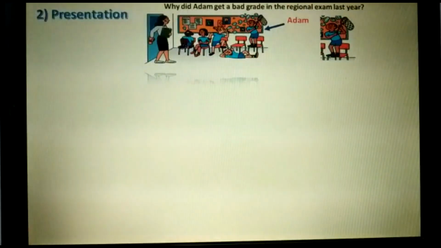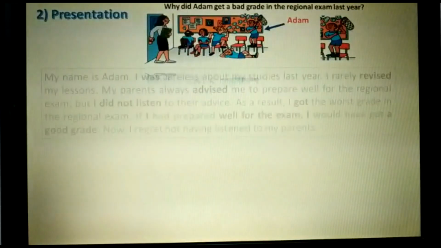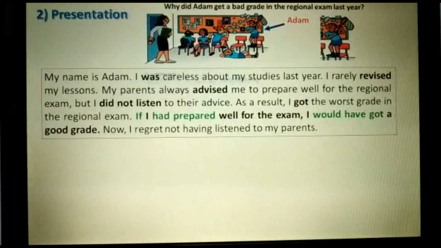Adam is careless and is making a lot of noise in the class. Okay? So here is a short paragraph that I would like you to read, and immediately after that please try to answer this pre-reading question which says, why did Adam get a bad grade in the regional exam last year? Let me read this for you first.